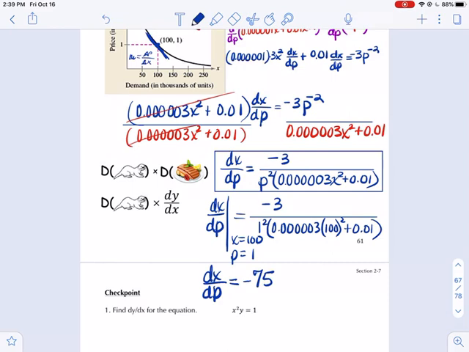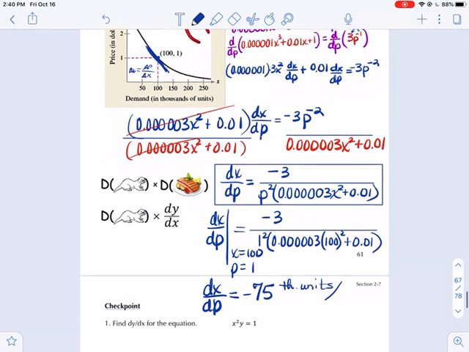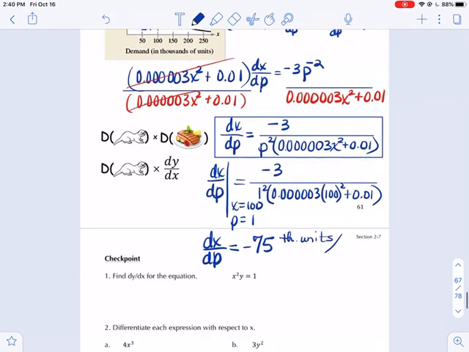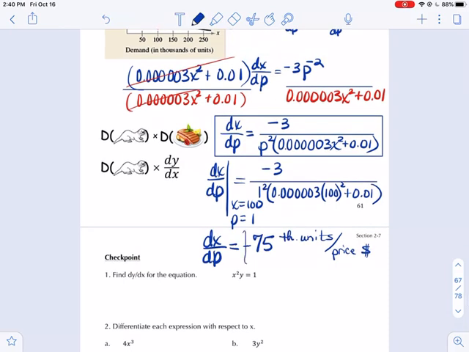So the units are in thousands of units. This is the demand in thousands of units per price in dollars, because you got to see that it reverses itself there.